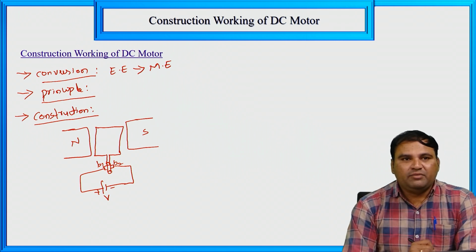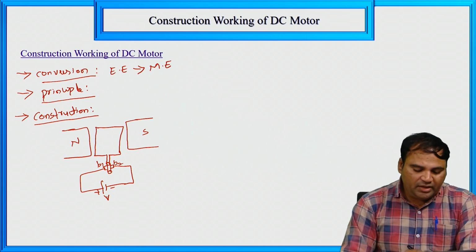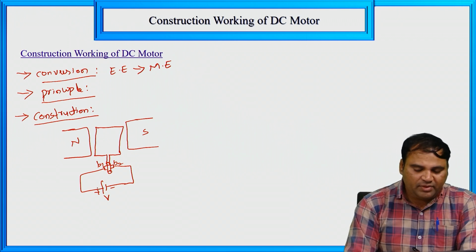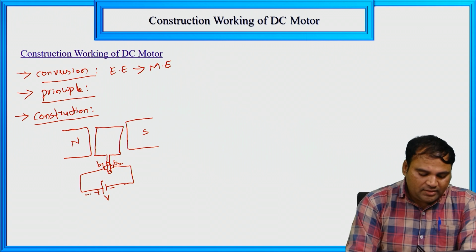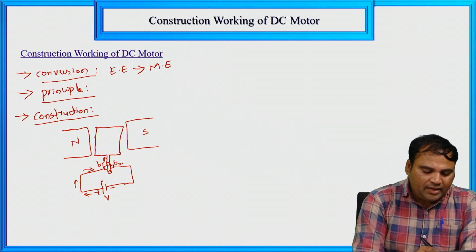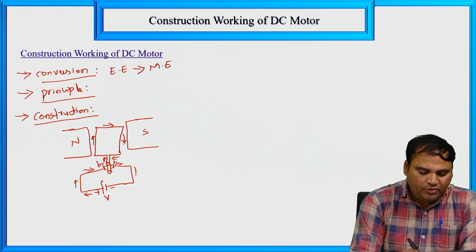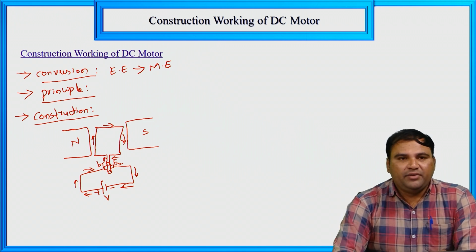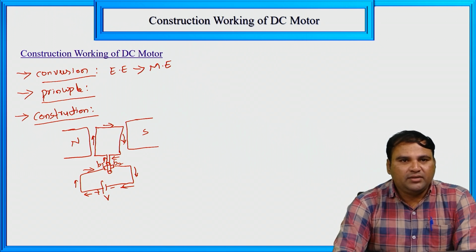Now, what is the working of DC motor? When we give the DC supply, the electrical current passes from the positive terminal to brush B1, commutator and copper coil, then brush B2, and finally reaches the negative terminal.